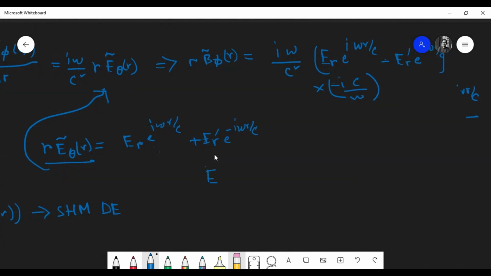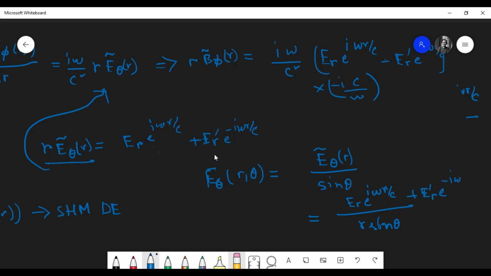So now E theta, as we have seen before, is just E tilde theta divided by r sine theta, which will be E_R e to the power I omega r over c plus E_I e to the power minus I omega r divided by c.